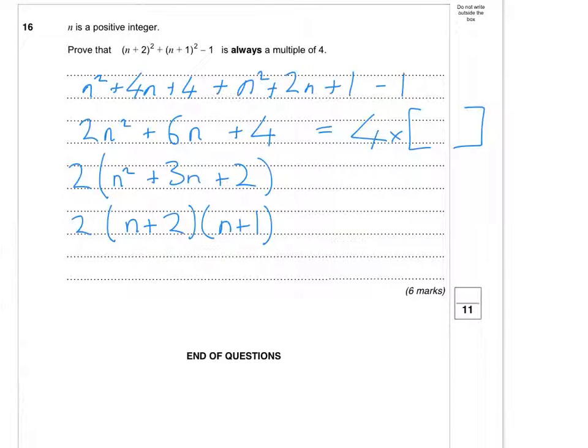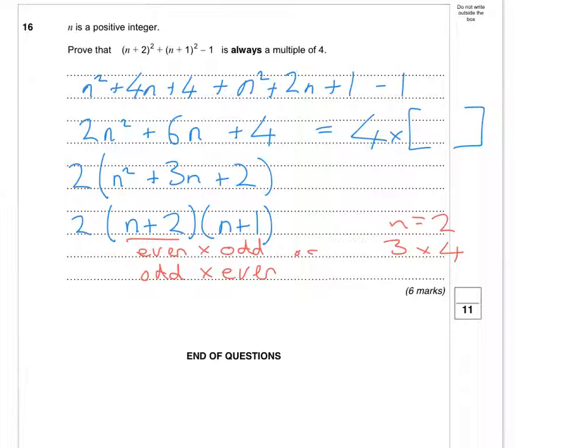So this is consecutive integers. What I mean by that is if n equals 2, then we've got 3 times 4. So this number here is always going to be even times odd, or odd times even.